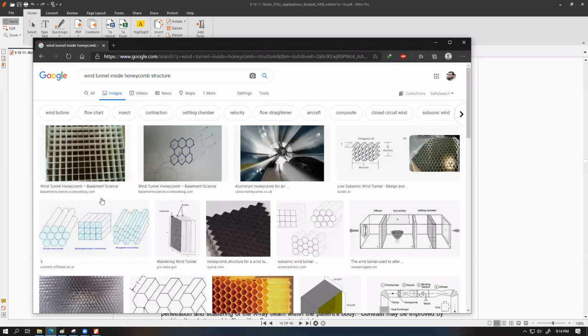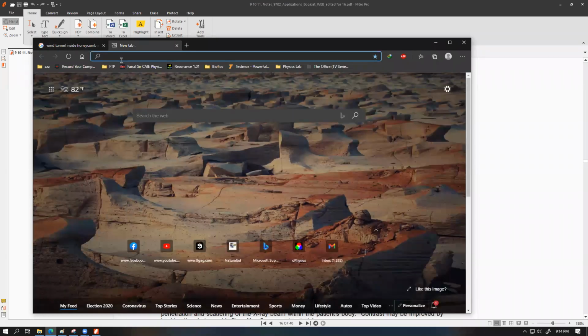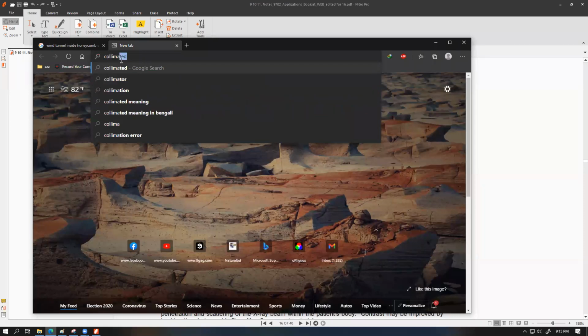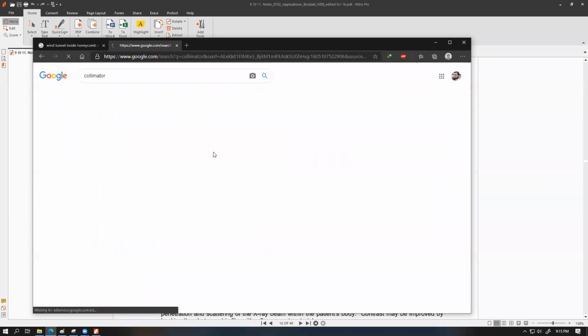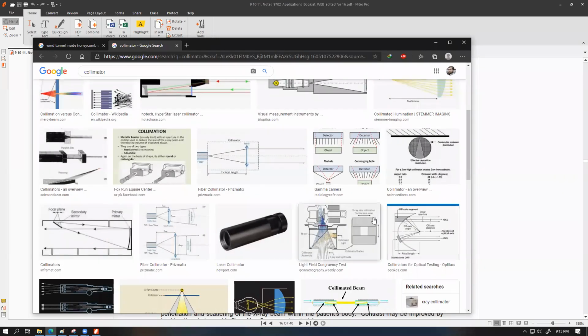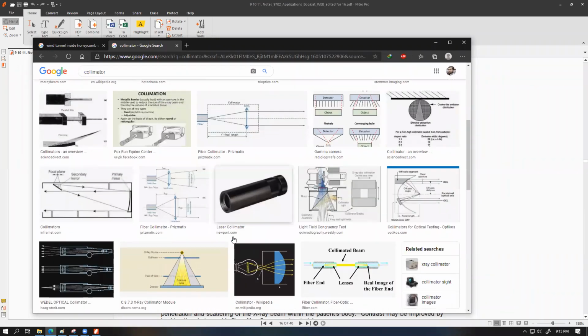Exactly. This is the type of structure that is usually introduced inside a wind tunnel. And if this thing is made from metal, this is basically what is called the collimator. So on a second tab, I can try to find the collimator.